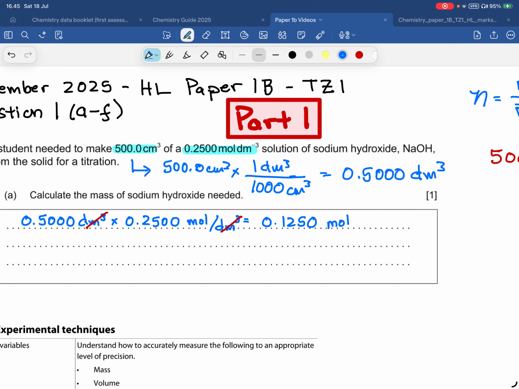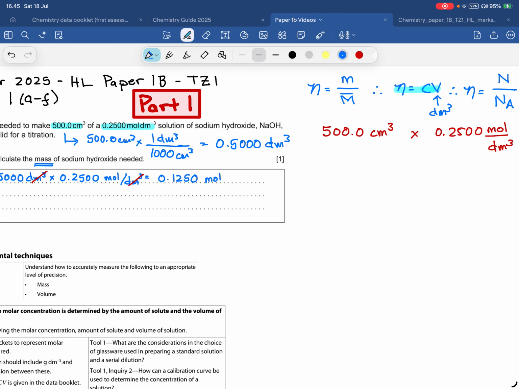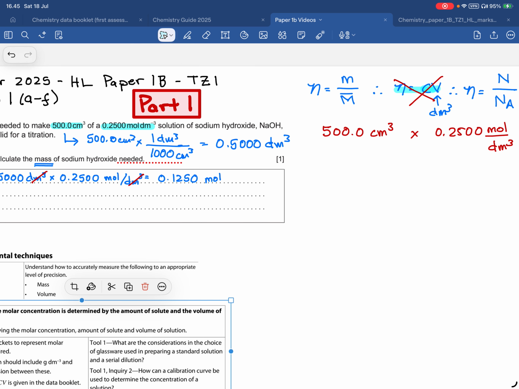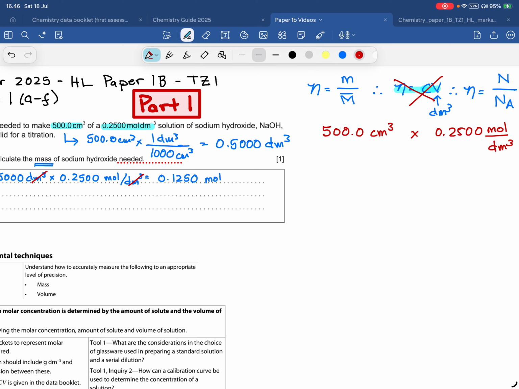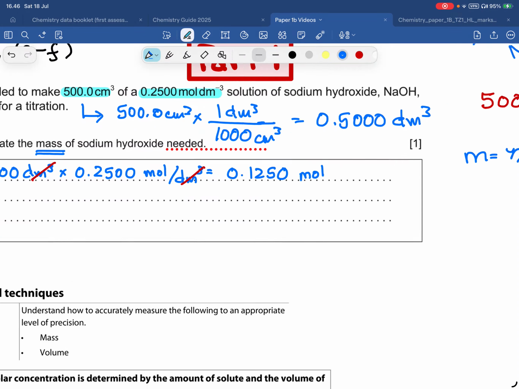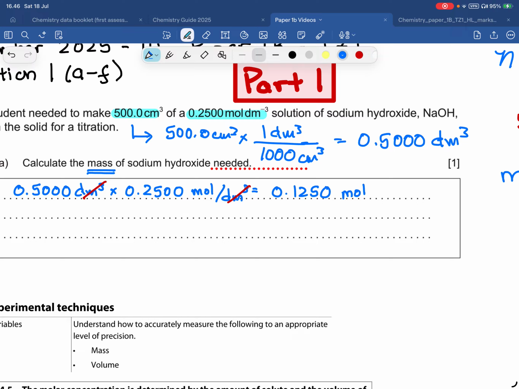Now, I needed the mass, right? So I've already used this one, okay? So I'm going to find this one. Well, if n is equal to m divided by molar mass, then mass is equal to moles times molar mass. And it's the molar mass of sodium hydroxide, right?